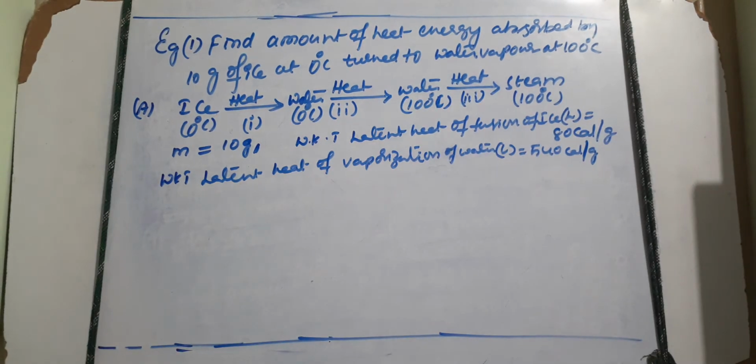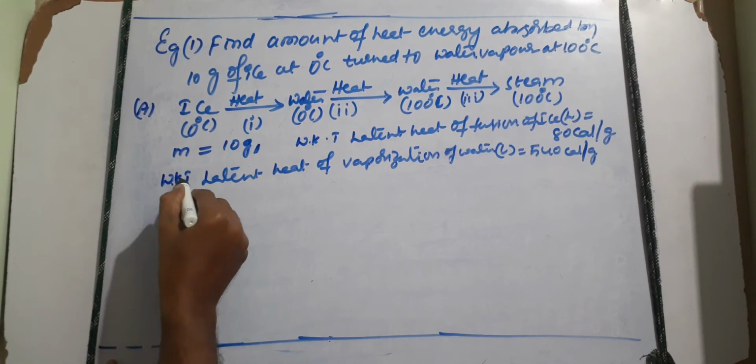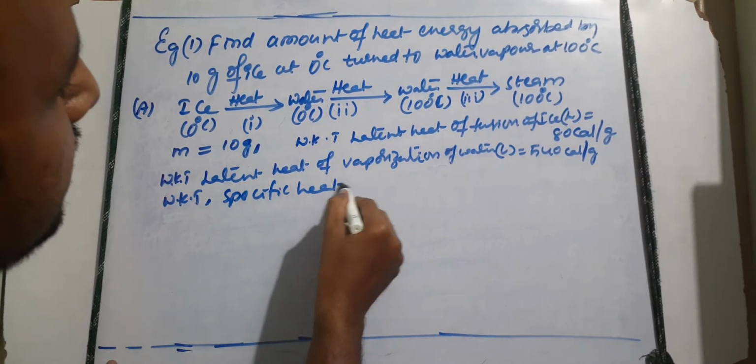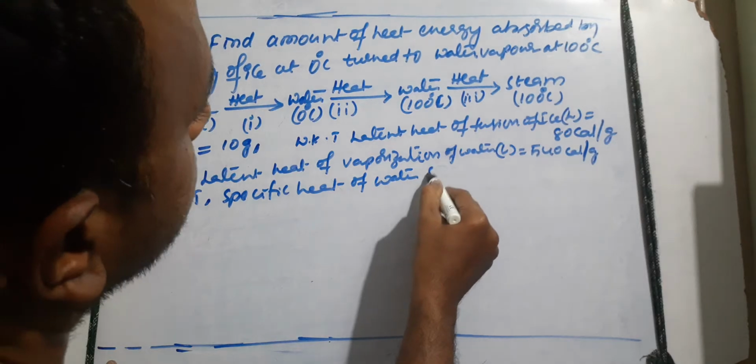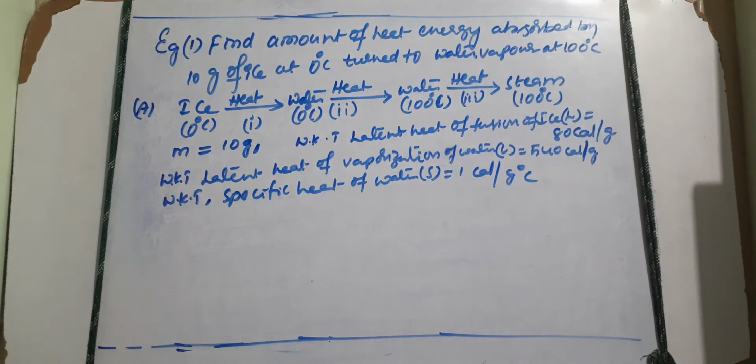So these two are constant values, and we know that the specific heat of water, S, is 1 calorie per gram degree Celsius. Specific heat is nothing but the amount of heat required by a unit mass of a substance to change its temperature through 1 degree Celsius. So specific heat depends on the nature of the material of the substance. For water, it is 1 calorie per gram degree Celsius.